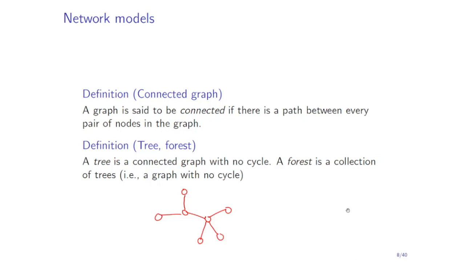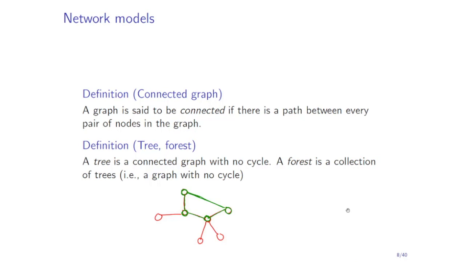But if I add an edge, for example, this one, then it is no longer a tree. Why? Because then I will have this cycle. By adding this edge, this tree became not a tree.